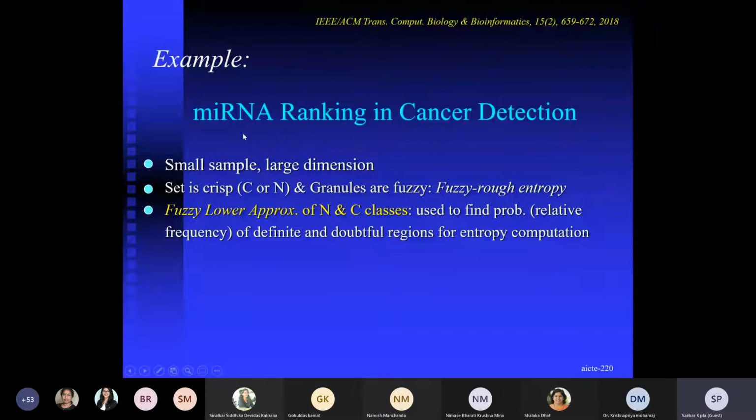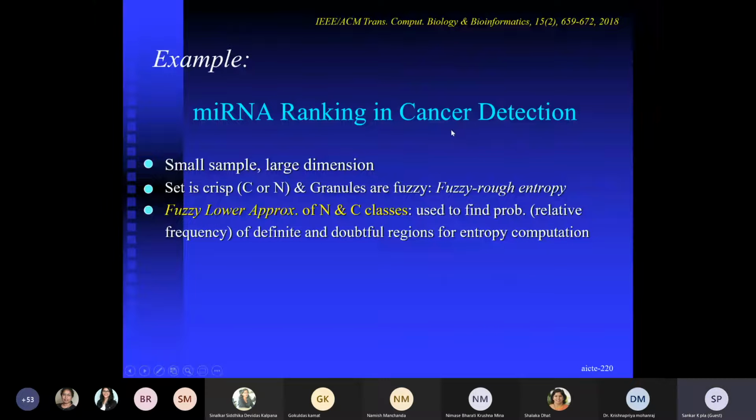The change in expression values is significant for cancer, and those expression values change only for a very small number of microRNAs. That means we need to find out those microRNAs which are responsible for cancer detection.